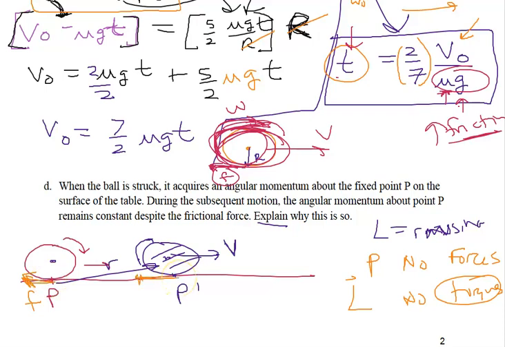Even if down the road, a little bit later, you still have friction, it still passes through that pivot. So the angular momentum of this system cannot change because wherever friction is, it passes through the pivot, the point that you're defining that you want to determine the angular momentum about.